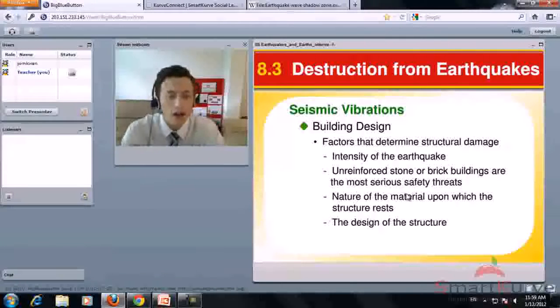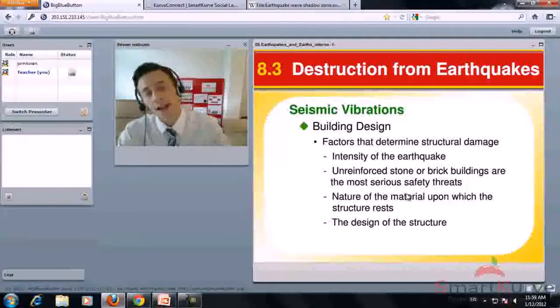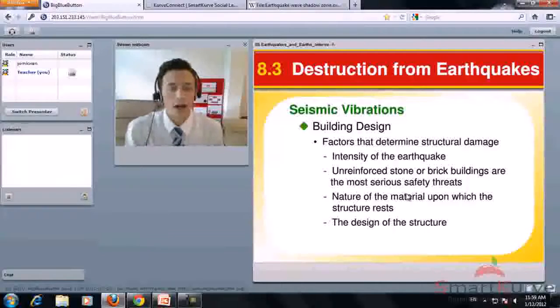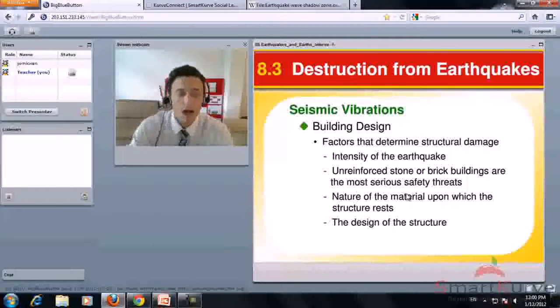So a lot of these areas that are on the Ring of Fire that get a lot of earthquakes have to have very strict laws about the buildings that are made there, because they have to have very strong buildings that can survive in an earthquake. A good example is Taipei 101. Remember, down in Taiwan.